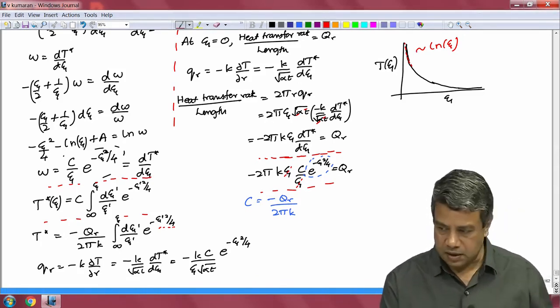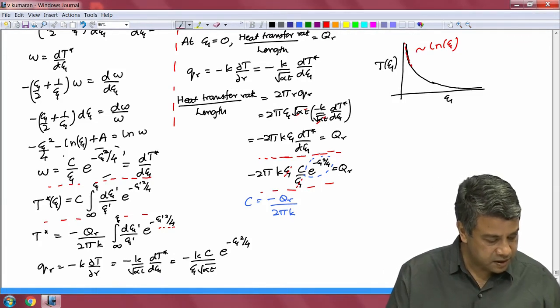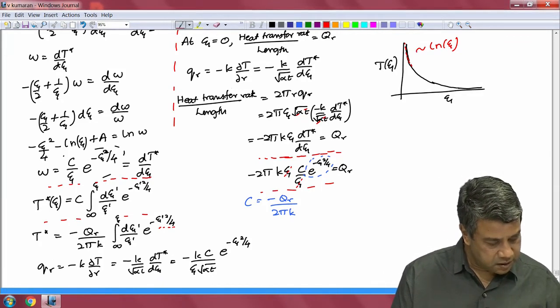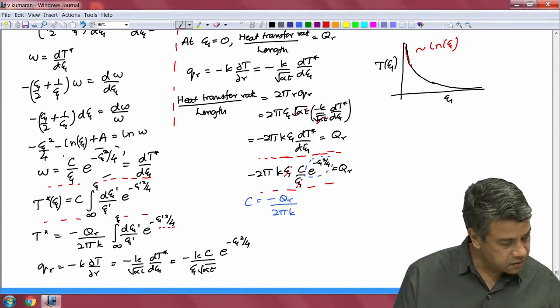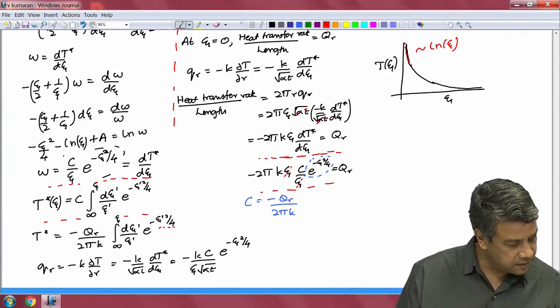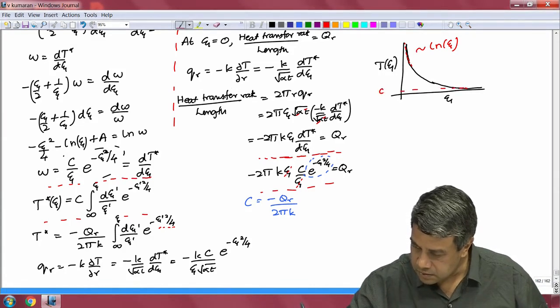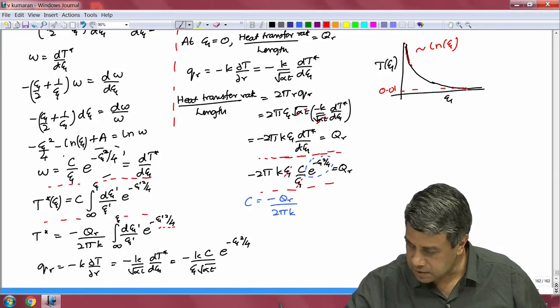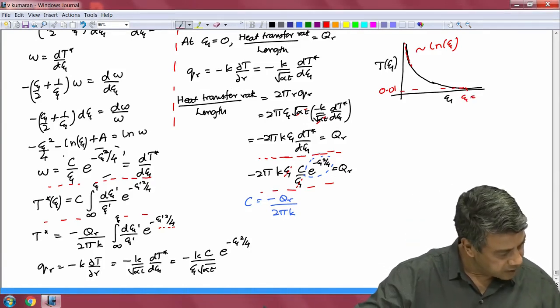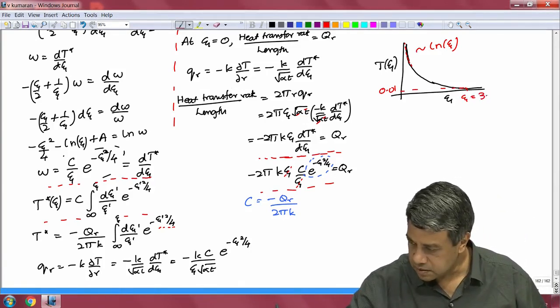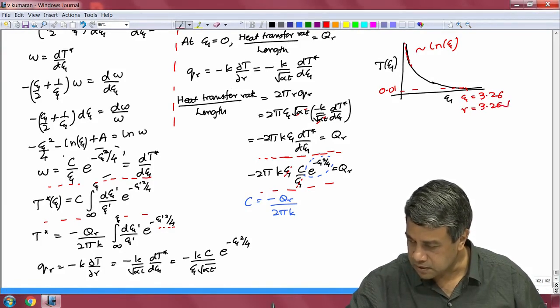And this function actually decreases pretty fast. For example, this one is equal to 0.01 for psi equal to 3.26, or r equal to 3.26 times root of alpha t.